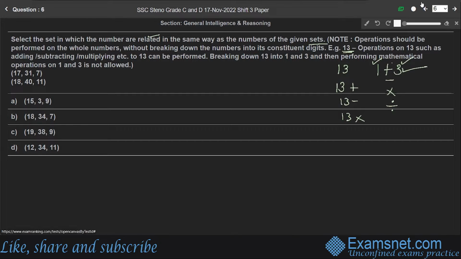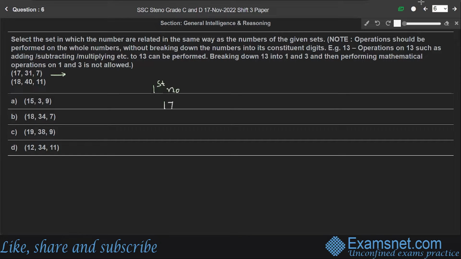So keeping this in mind, we'll find the logic behind each set, or how the numbers of each set are related, right? We'll consider the first set, 17, 31, 7, in which the first number is 17, the second number is 31, and the third number is 7.